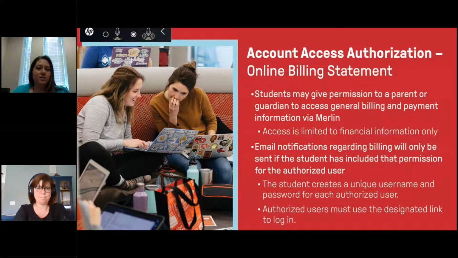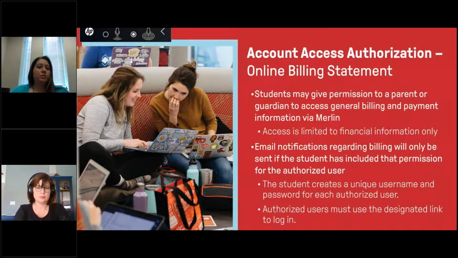So it's very limited still, but you can give access to view the bill once student accounts office generates that, and then the ability to make payments. So this part is very important because the authorized user doesn't have to wait to contact someone in student accounts to ask a question. They have that ability to log into Merlin and see that once it becomes available.